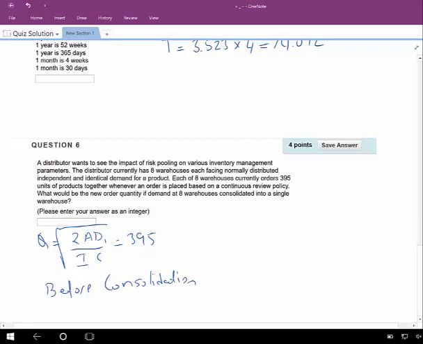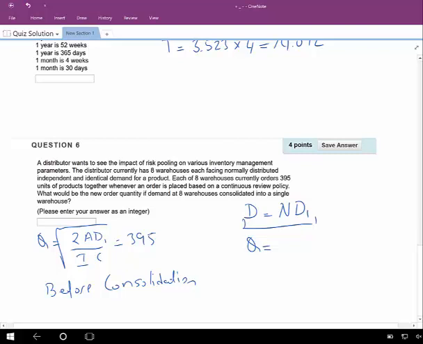After the consolidation, I'm going to use the same formula, but I need to know the new demand for the consolidated warehouse. That is N times D1. Basically, I'm going to take the demand at the first, second, third, and eighth warehouse and add them up. This is the new demand after the consolidation.